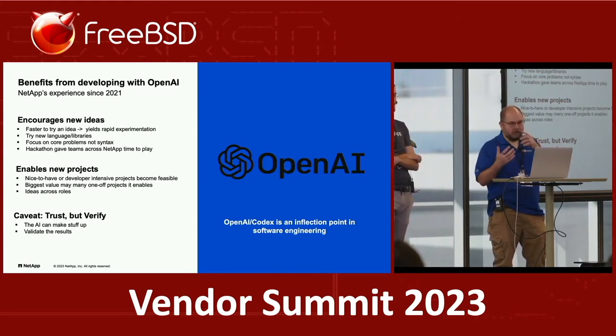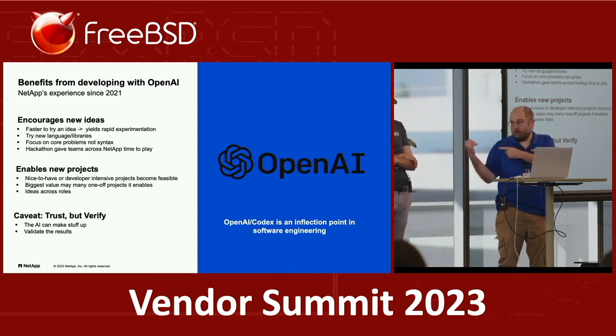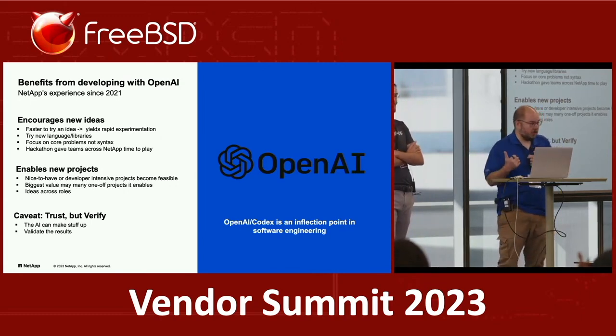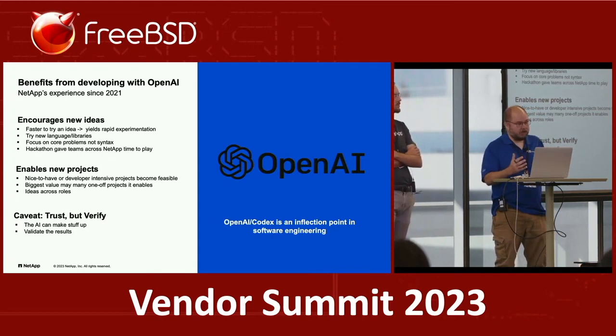Similarly, it helps people trying out new languages they might not be familiar with. The JavaScript example that Jerome was talking about was from a very smart developer who had never really interacted with JavaScript. As reviews came in, he would do his best to review them, but then he would ask OpenAI, what is this doing? What's happening here and here? You begin to have an interactive session that teaches you how the language works, which is really cool.